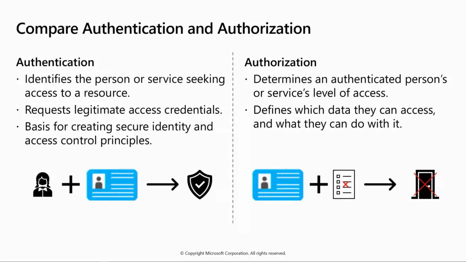So they're going to request some type of credentials, and this could be a username and password, but really this is creating their identity. Then we have authorization. Once someone has been authenticated and you've verified who they say they are, now you're going to determine what level of access they have.